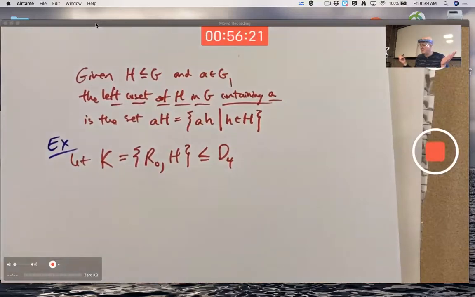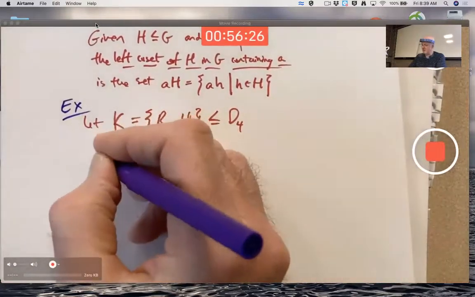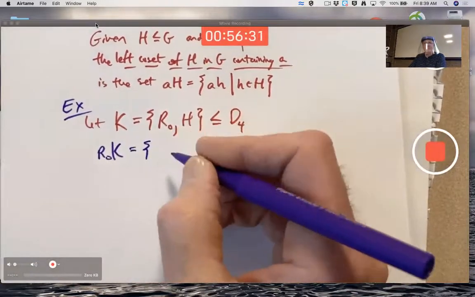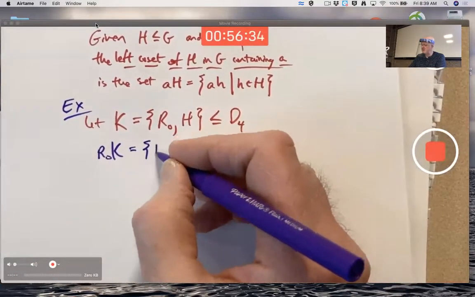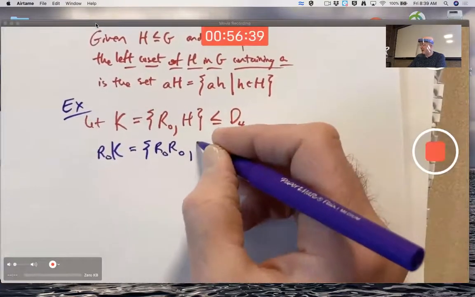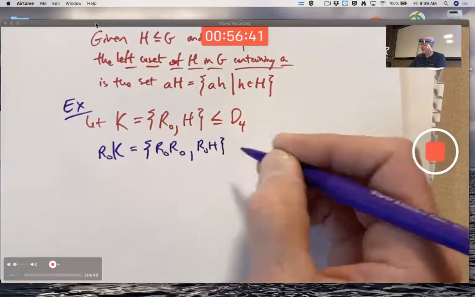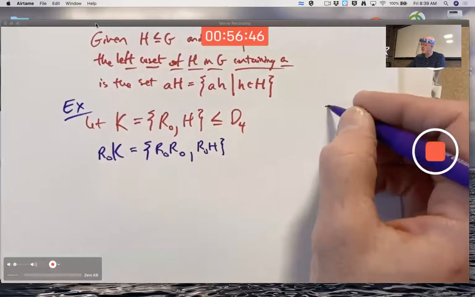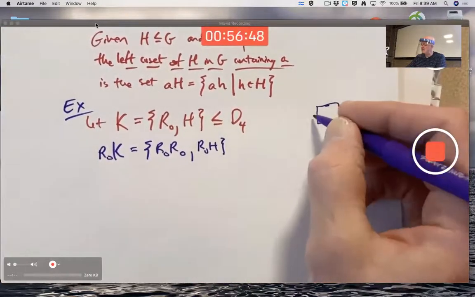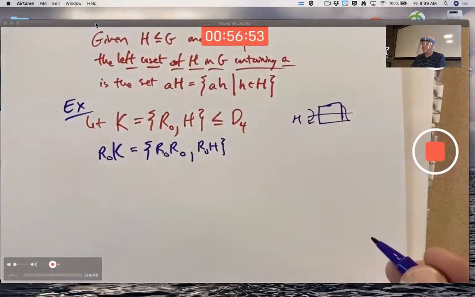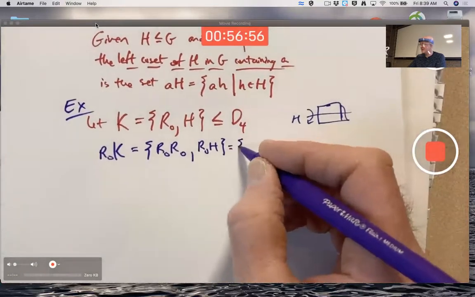What are the left cosets that we can make? Well, there's R0K, which would consist of the set of all products of the form R0 times something in K. R0 composed with itself, R0 composed with H, where H is the reflection about the horizontal line, symmetries of a square. Pretend this is a square. H is that reflection. And R0 is the identity.